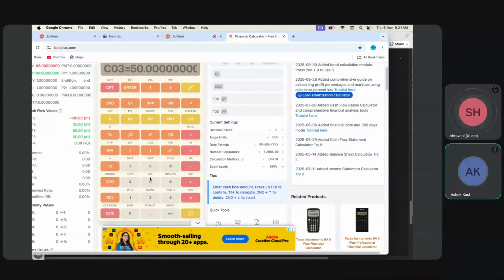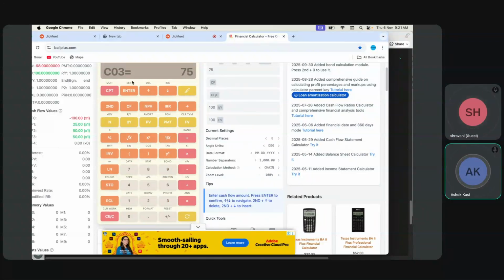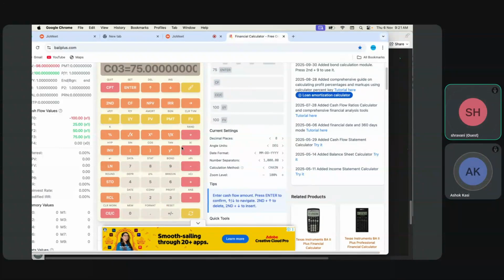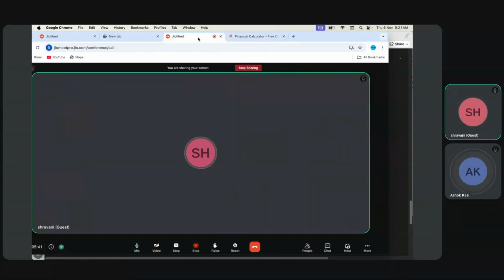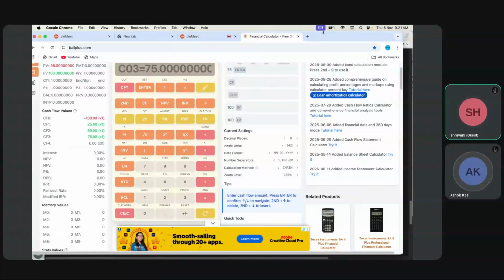Oh, sorry, it is 75. So 75. Third cash flow is 75. Enter.